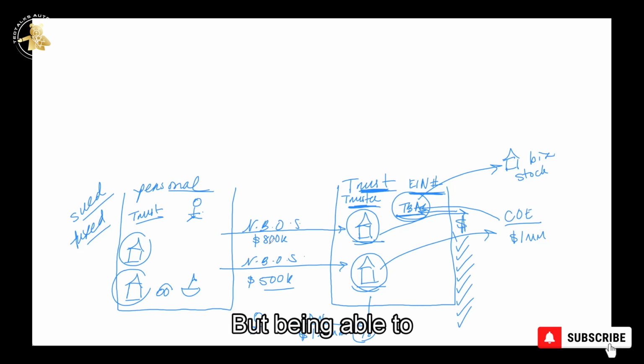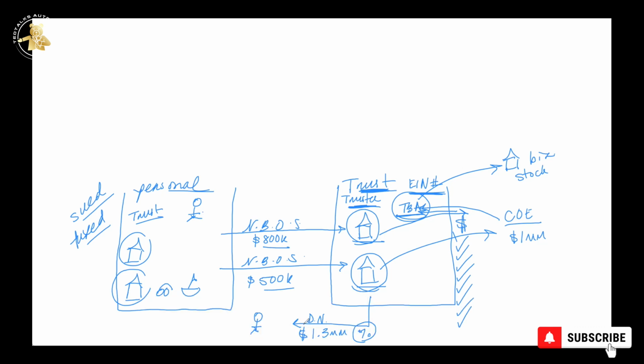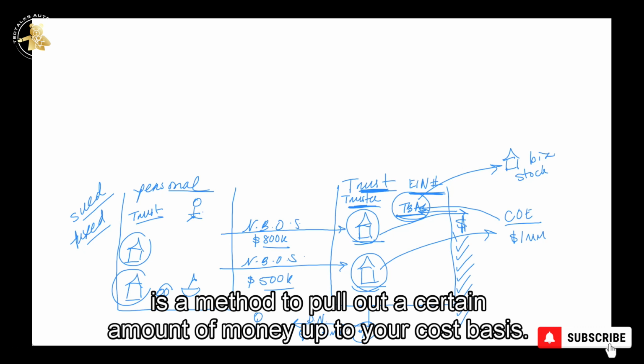But being able to sell the asset for asset protection, for tax deferral, holding on to more, but being able to pull against the demand note is a method to pull out a certain amount of money up to your cost basis.